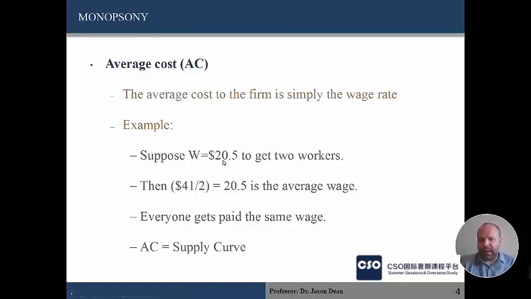Then the average wage is obviously 41 divided by 2 is 20.5. And so the average cost to the firm is going to be equal to the wage. And everyone gets paid the same wage in the market. And so the average cost curve is actually the same thing as the supply curve of labor. Okay? We'll keep that in mind, and we'll see that in a diagram shortly.